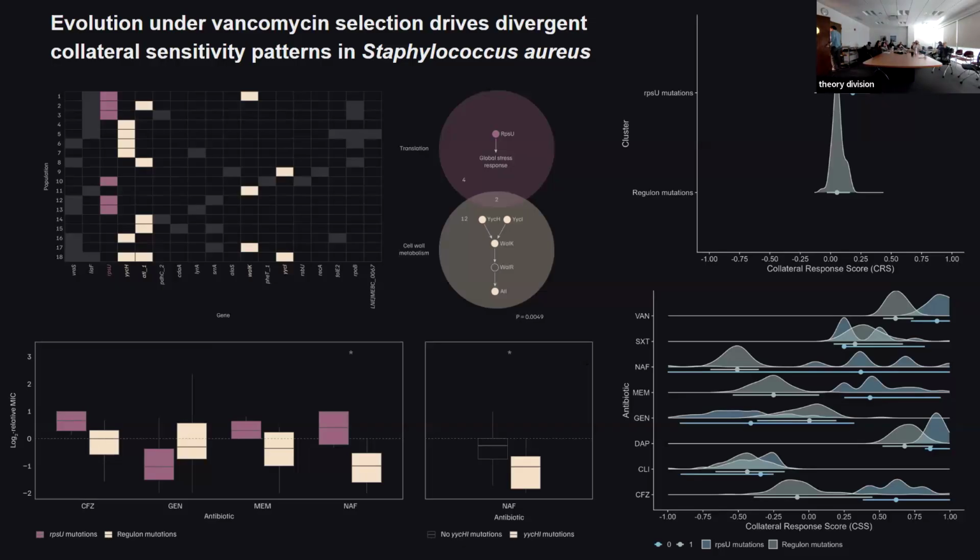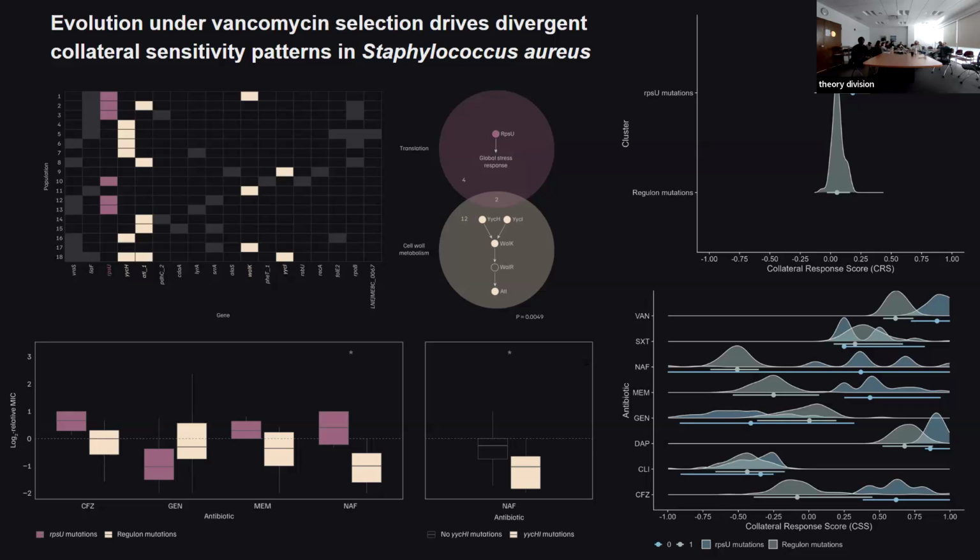So we derived this metric called the collateral response score, which takes into account the magnitude, the direction of response, and also the likelihood of response.